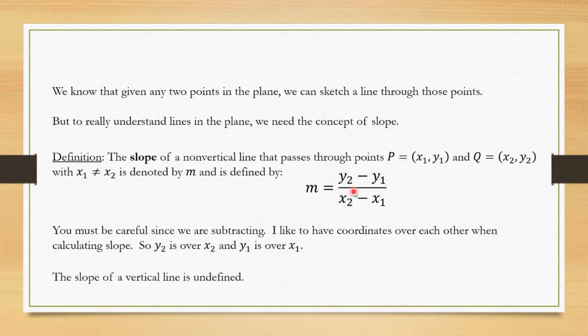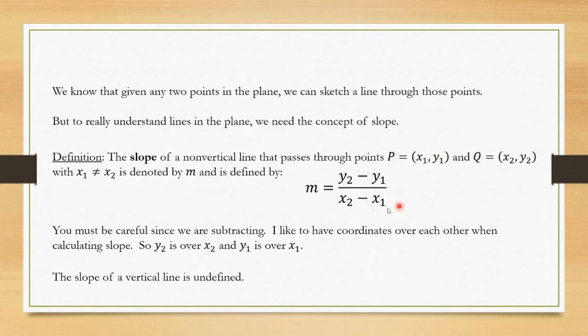As I said last time, there's something called rise over run, and I don't remember exactly what that is, but I like to think of it this way: you want the x and y coordinates of the same point on top of each other.